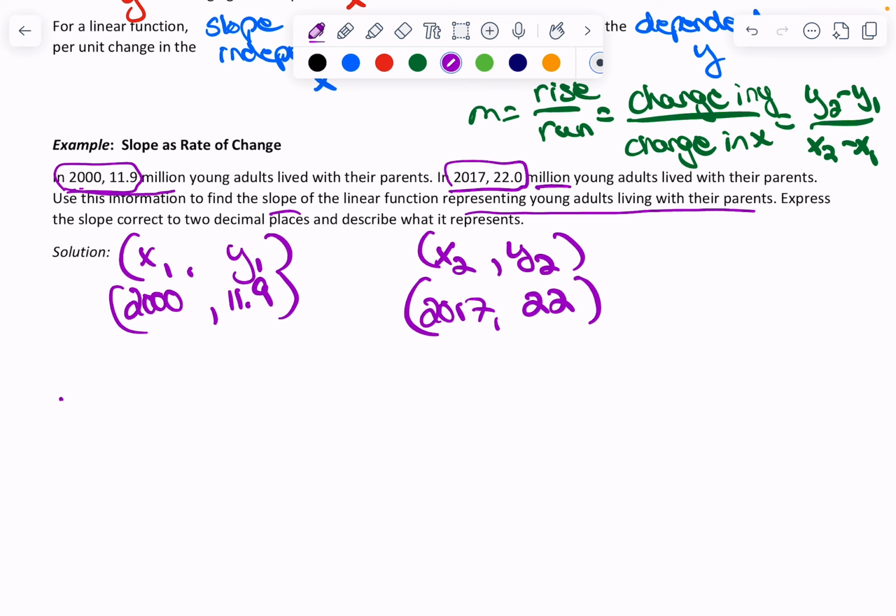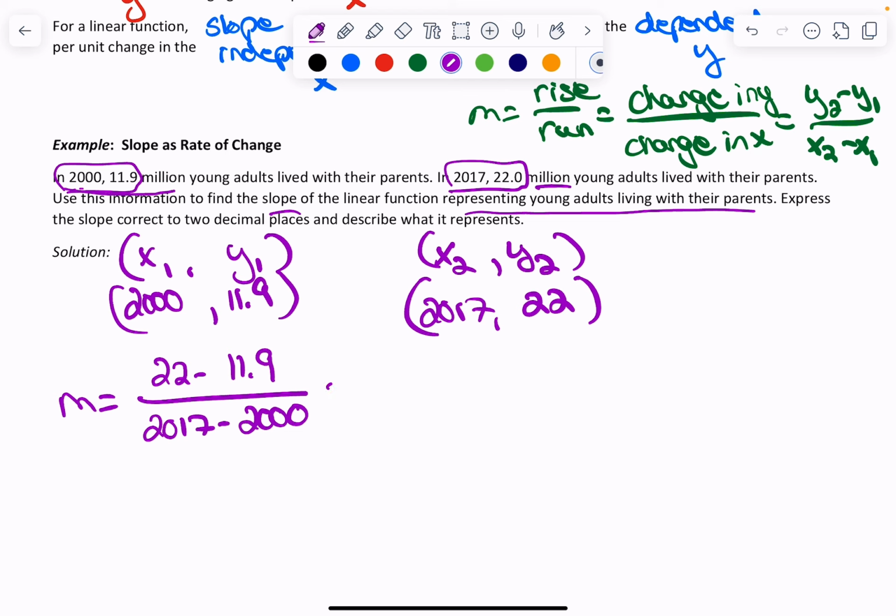Okay, so let's go ahead and calculate the slope. y2 is 22, y1 is 11.9, x2 is 2017, and x1 is 2000. And again, remember that when you're doing this on a calculator, if you're plugging the whole thing in, you have to put parentheses or do the subtractions first.